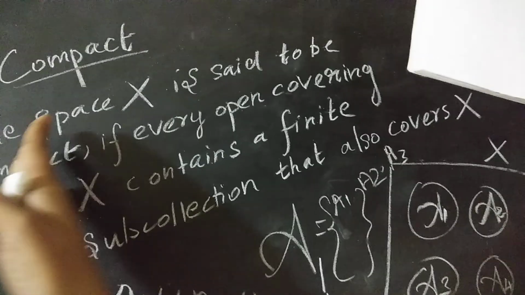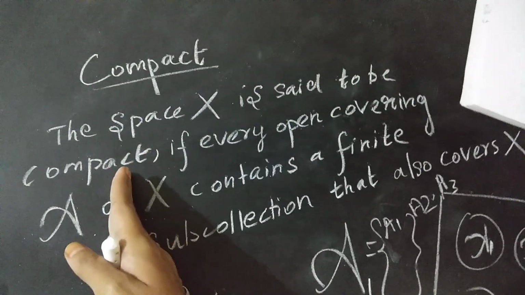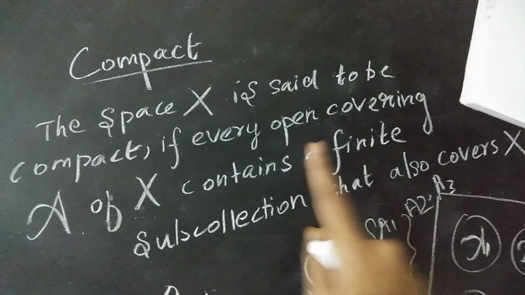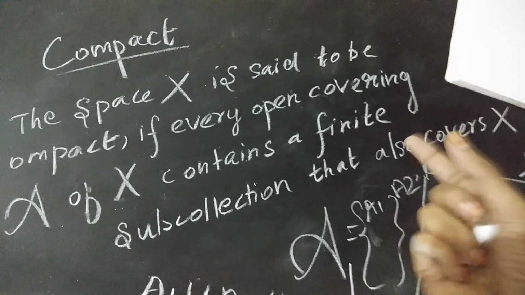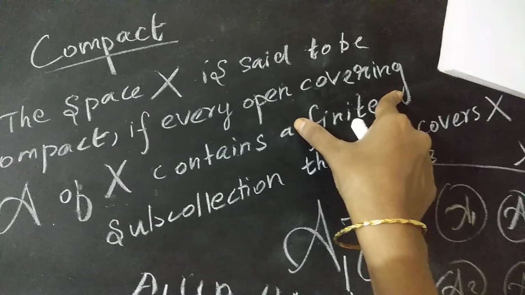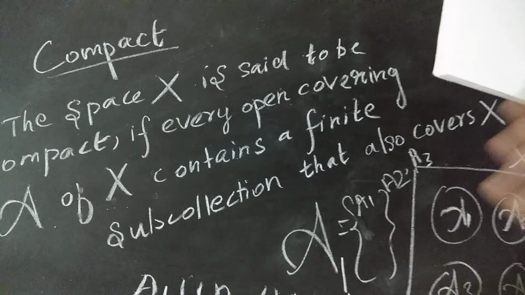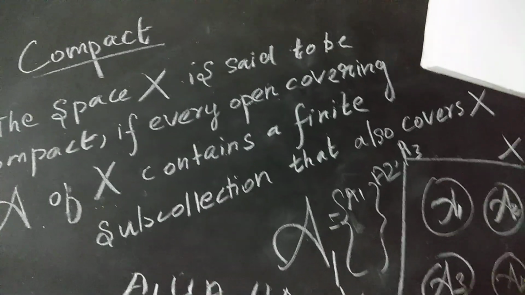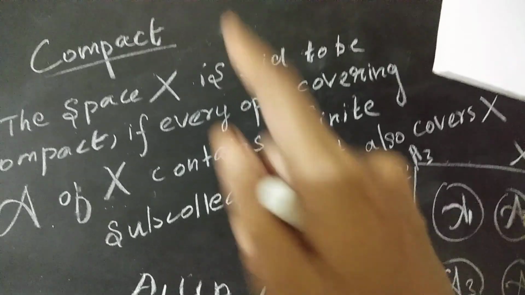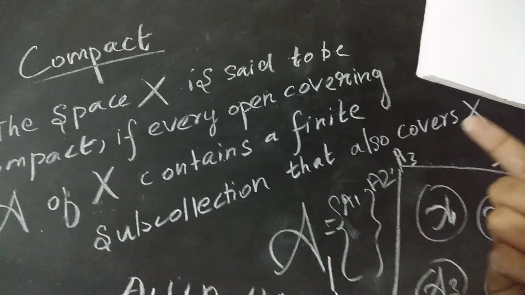Let me read this. The space X is said to be compact if every open covering. What do you come to know from this? Every open covering means inside the topological space you don't have only one or two open coverings, you will have so many. Every open covering of X will have a finite subcollection.